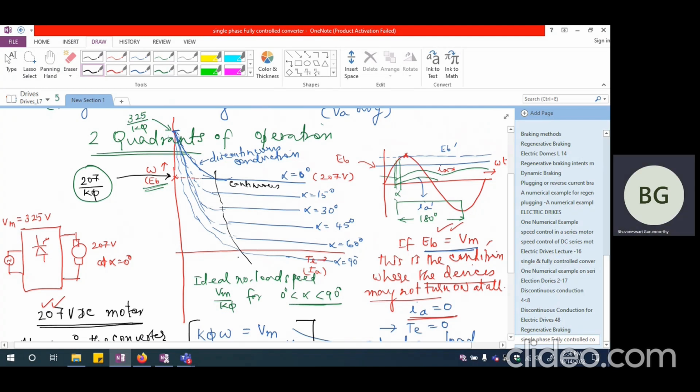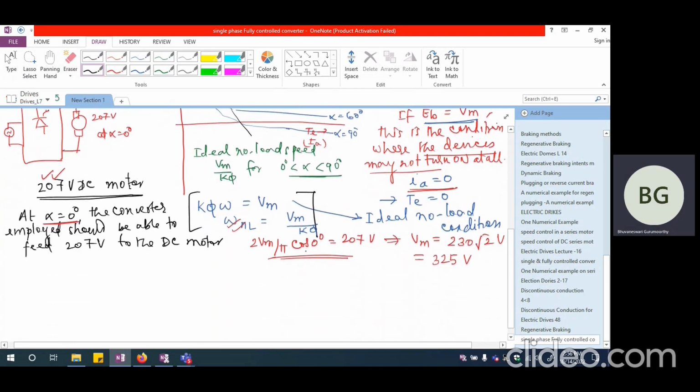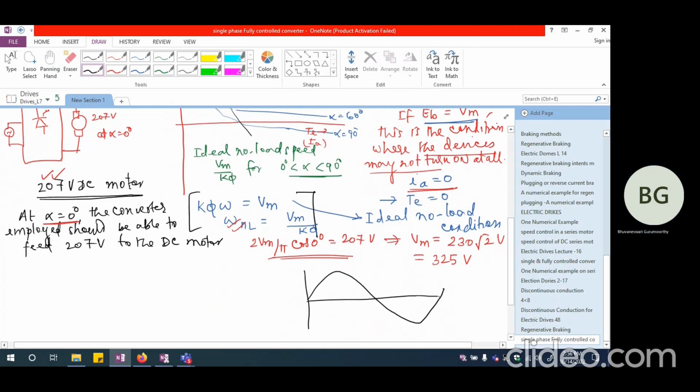Okay. Now, if I want to know exactly where the boundary between discontinuous and continuous conduction occurs, let us say I have my sinusoidal supply somewhat like this, and alpha somewhere here, and pi plus alpha somewhere here.